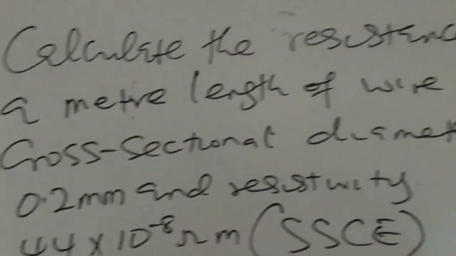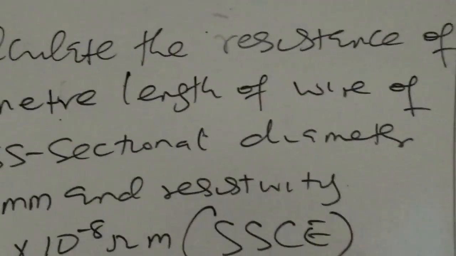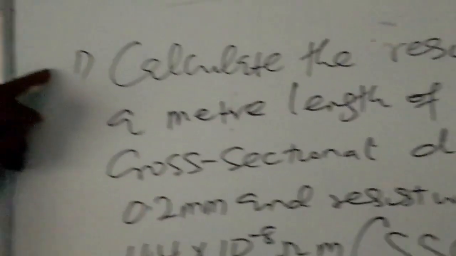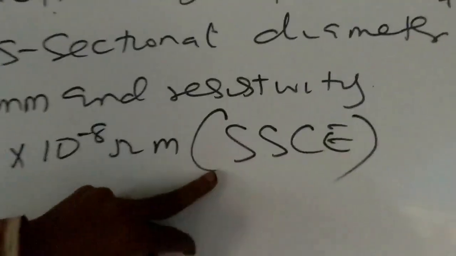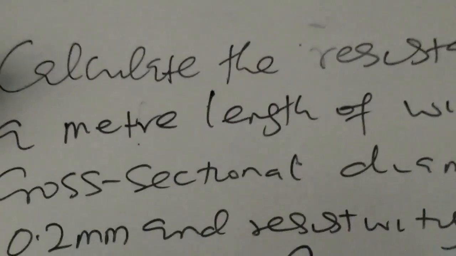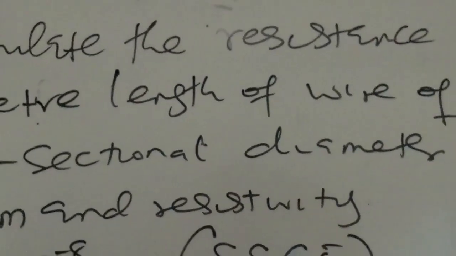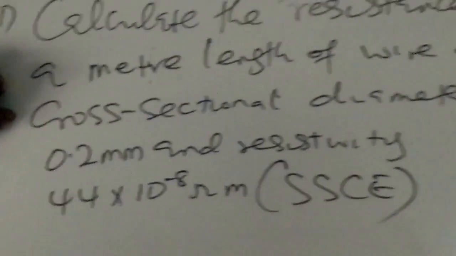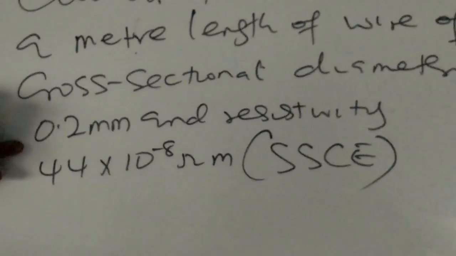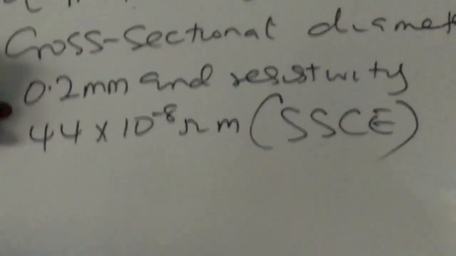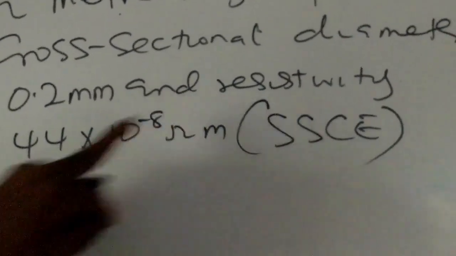Okay, let's look at this problem on the board. Number 1, an SSCE question that says: calculate the resistance of a meter length of wire of cross-sectional diameter 0.2 millimeter and resistivity 44 times 10 to the minus 8 ohm meter.